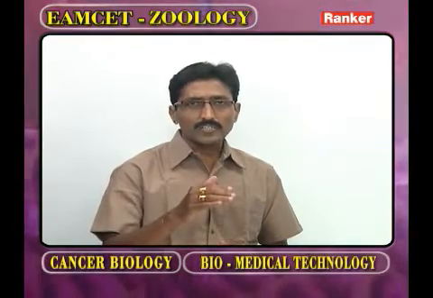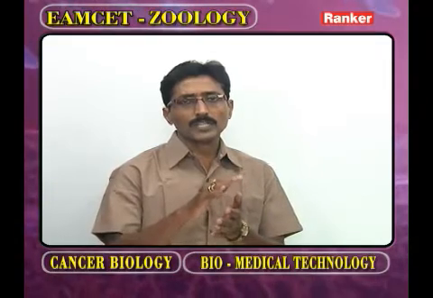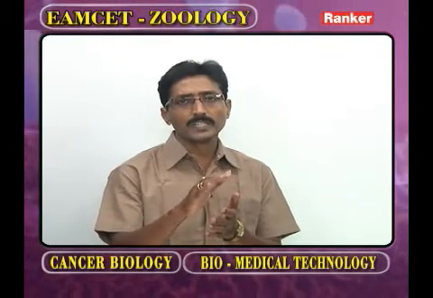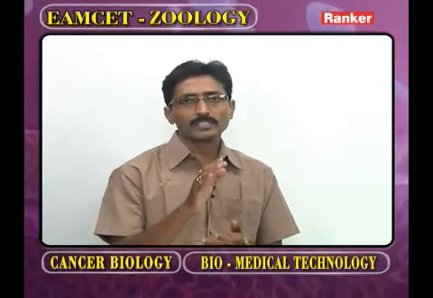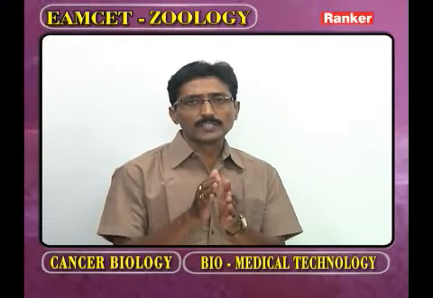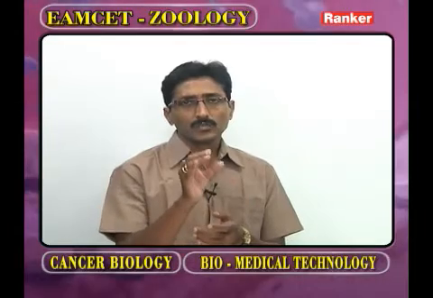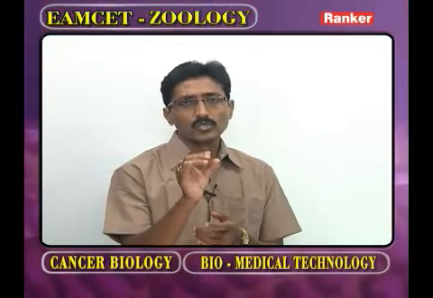In the malignant tumors, around the mass of cells there is no capsule. So the cells migrate from one place to another place. That we call metastasis. So malignant tumors exhibit metastasis, that is correct. Why is the cancer cell or tumor cell spherical in shape?